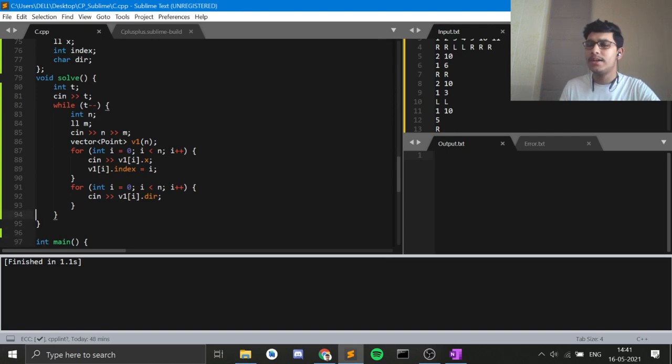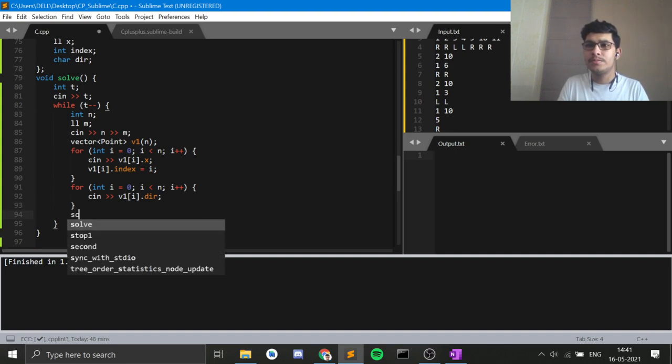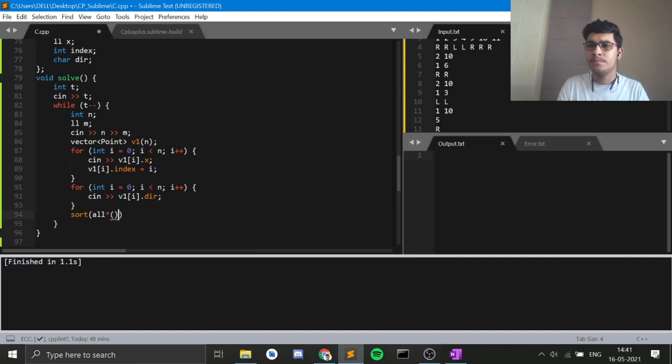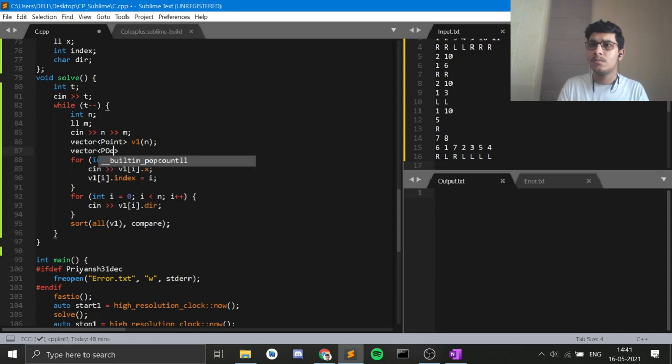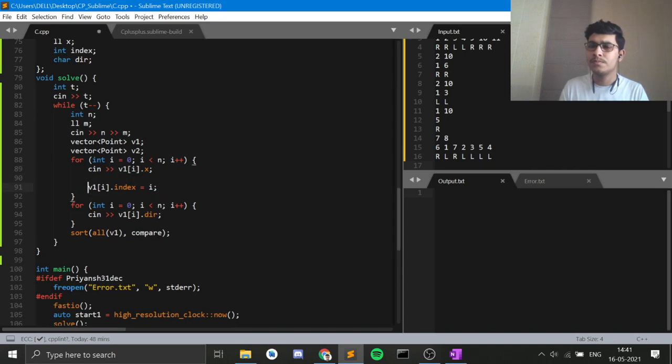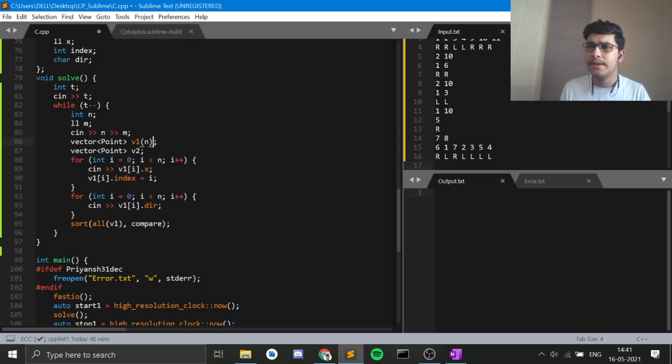But then it will be a little difficult to debug because I haven't created a function to debug a point, right? So sort. Okay, let's keep it as it is.